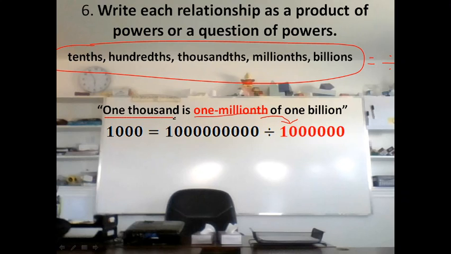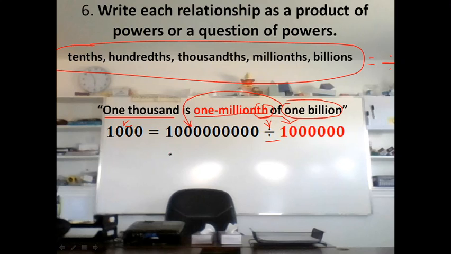So 1,000 we have right here is equal to 1,000,000,000, and since this is in millionths, we see the TH right here, millionths, 1 billion divided by 1 million. So we have 1 million right here, 1 billion right here. That's where we're getting these particular numbers from. And because we have the TH, millionth, that is implying division right here.